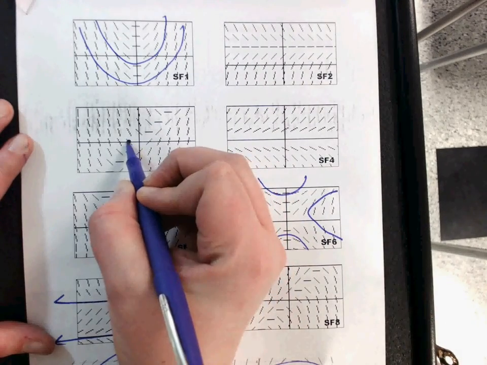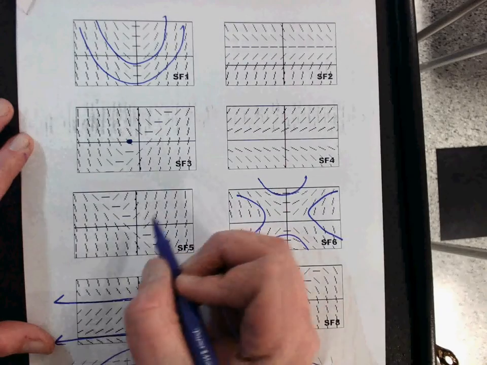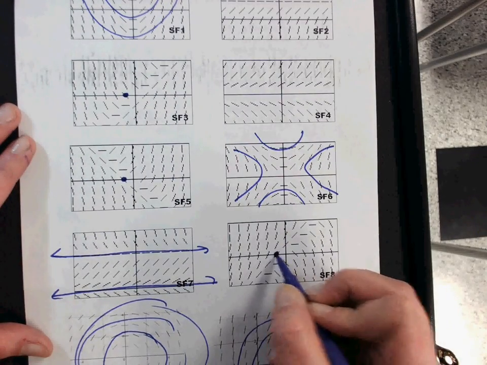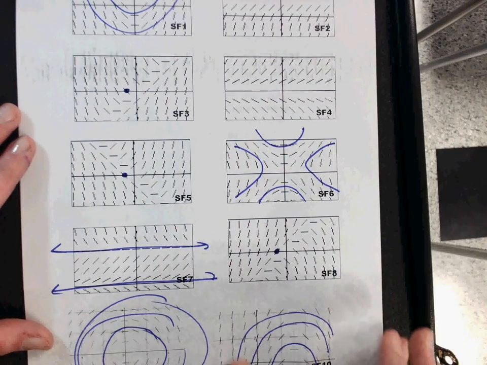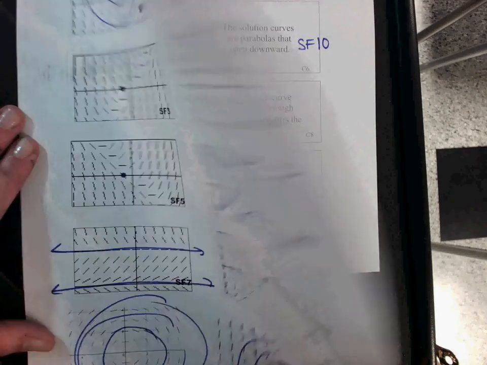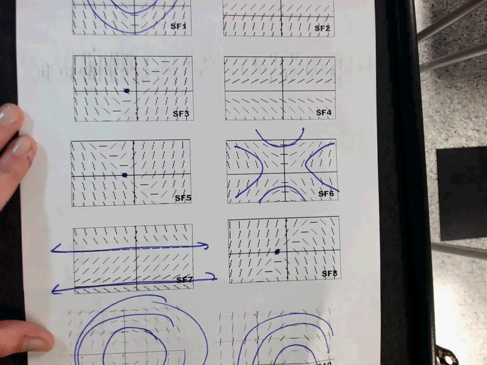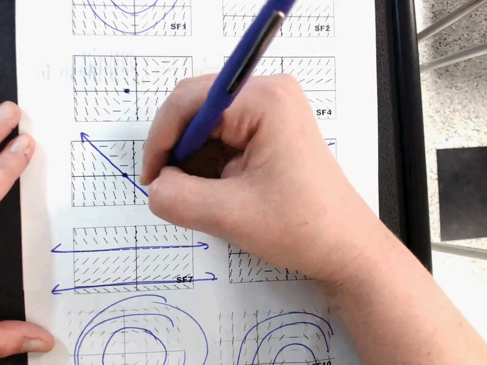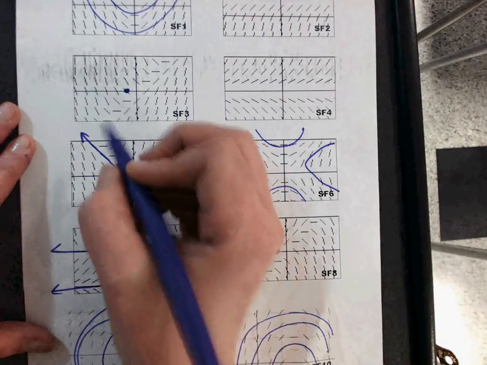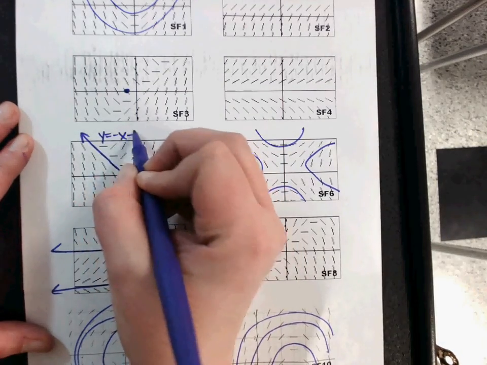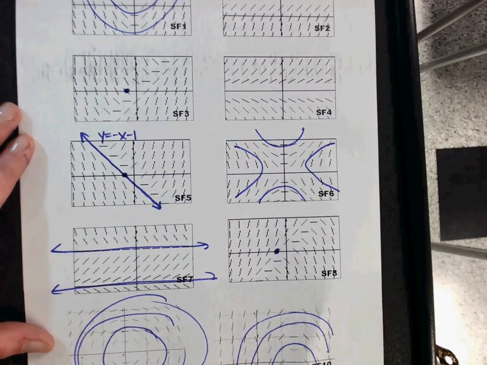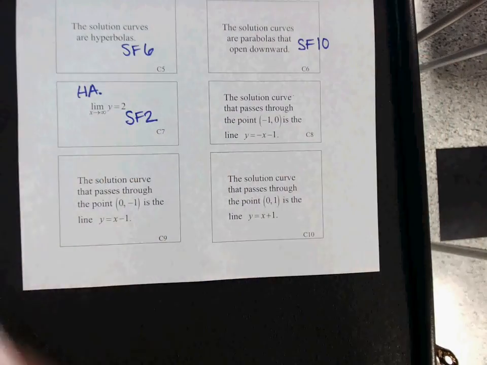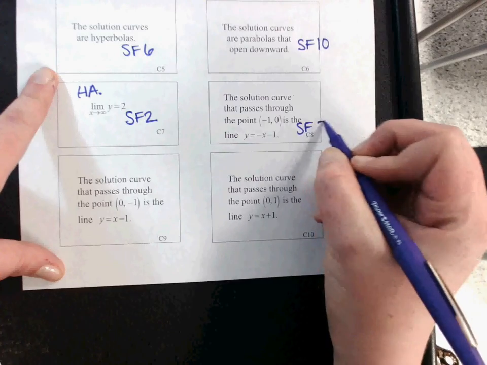So out of the ones that are left, if I go to negative 1, 0, which of those does the solution look like negative x minus 1? That would be y equals negative x minus 1. So that would have been slope field 5 for that one.